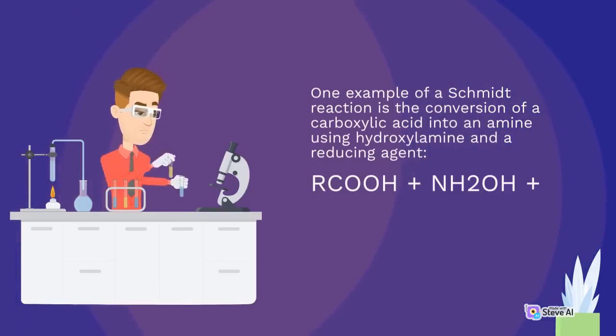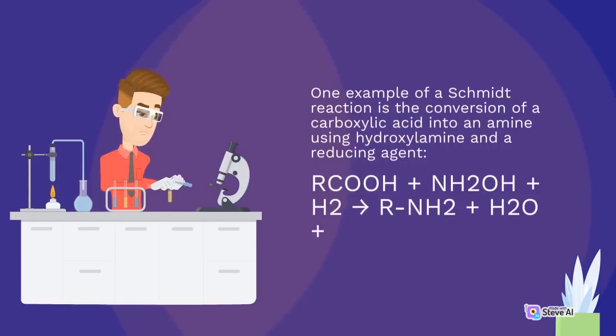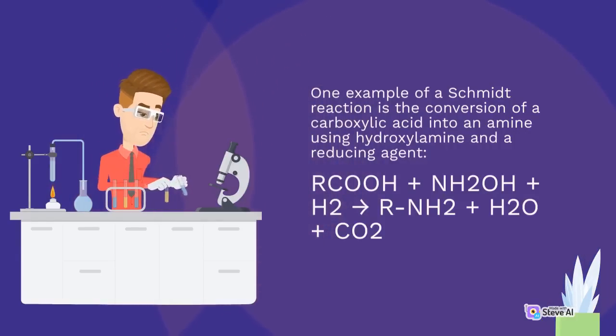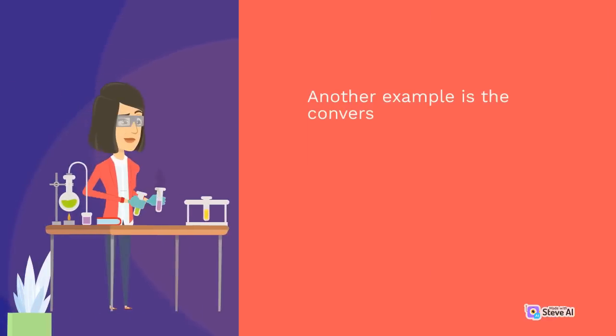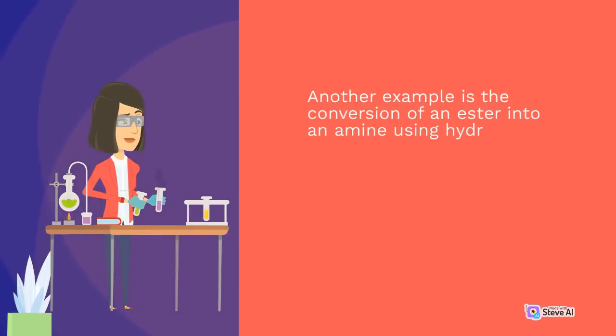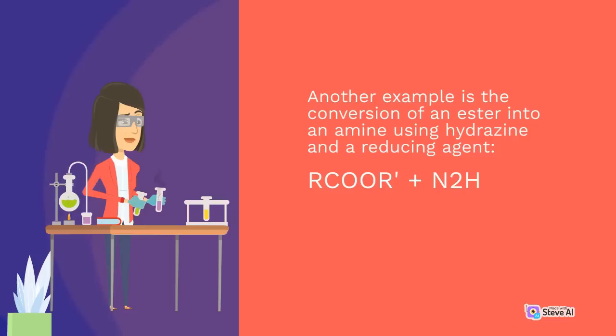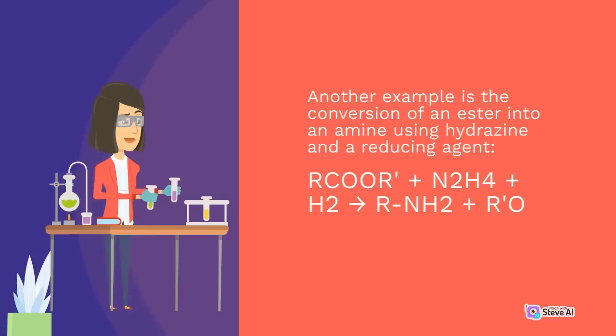RCOOH plus NH2OH plus H2 yields RNH2 plus H2O plus CO2. Another example is the conversion of an ester into an amine using hydrazine and a reducing agent. RCOOR plus N2H4 plus H2 yields RNH2 plus ROH plus N2.